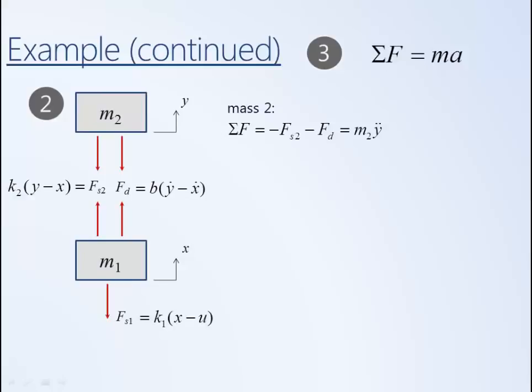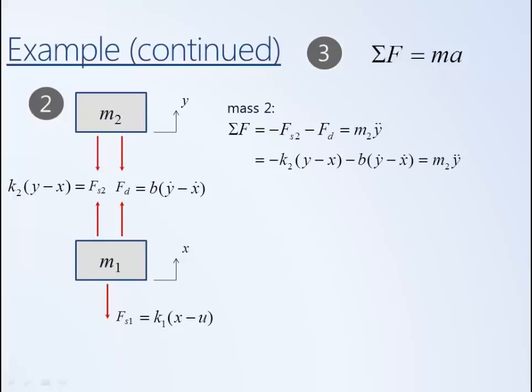So there's an application of Newton's second law to the second mass. We can then substitute in for the two forces the expressions that we show in the free body diagram. And that, in essence, is what we call the governing equation, or the equation of motion for mass 2.